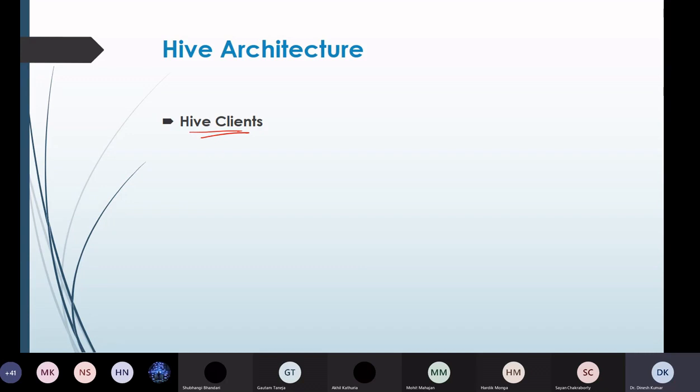Right? So basically, in Hive client, there are three kinds of clients. One is JDBC clients. Second is ODBC clients. And third is Thrift clients.